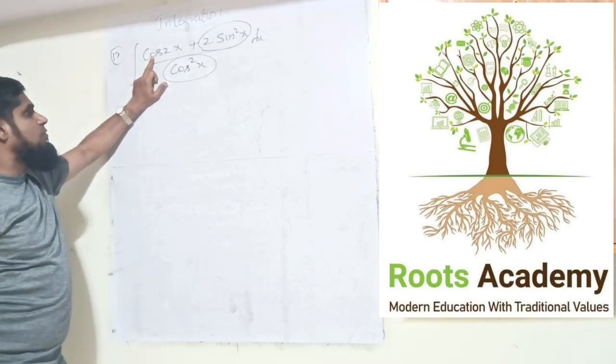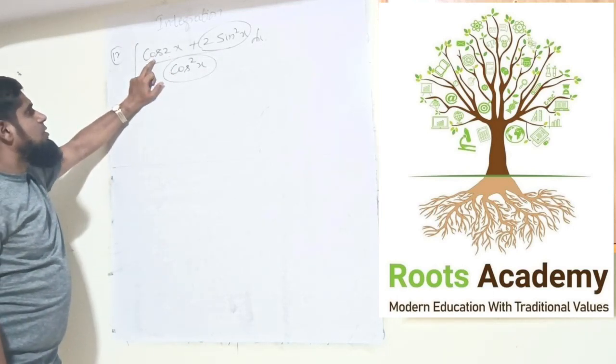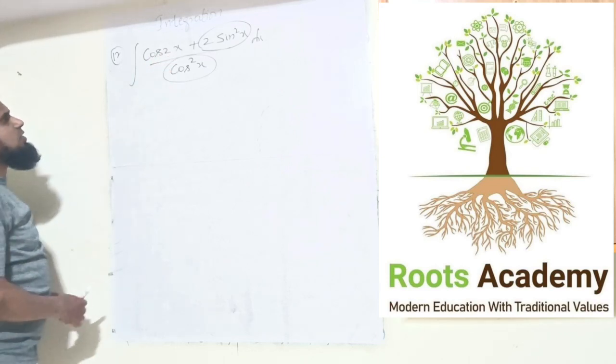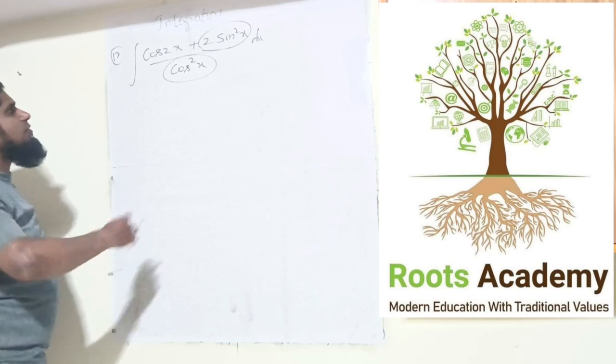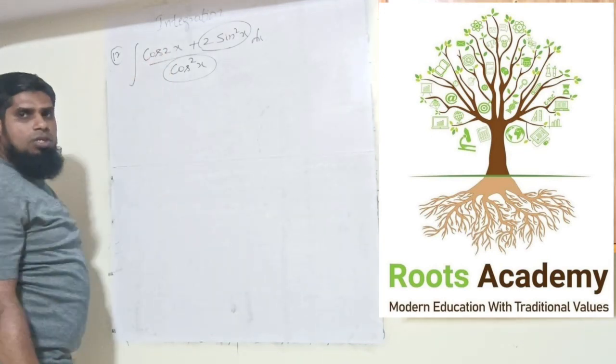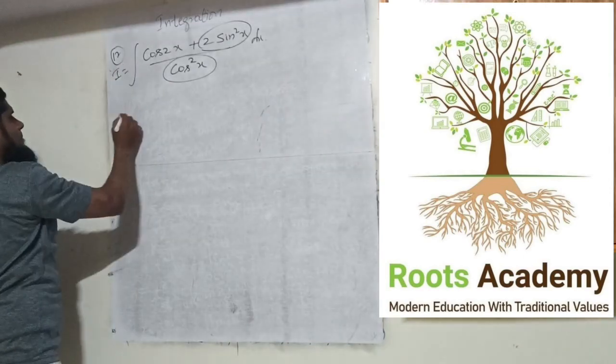We will apply the formula for cos 2x. Cos 2x has totally 4 formulas. I will apply the third one here.